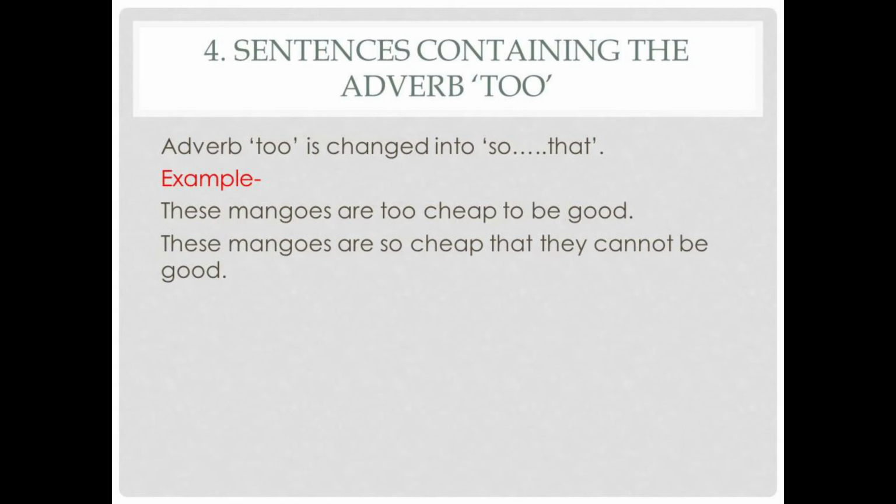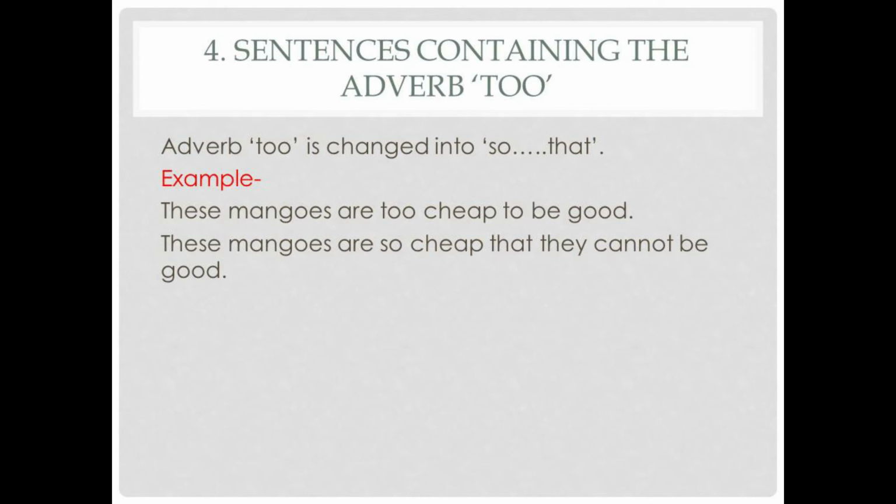Dear students, if there is a use of an adjective after to and an infinitive after the adjective, then what is the example? Let's see an example. He was too tired to work. Now what we have to do: so is used in place of the adverb to, and that is used after the adjective in the sentence.